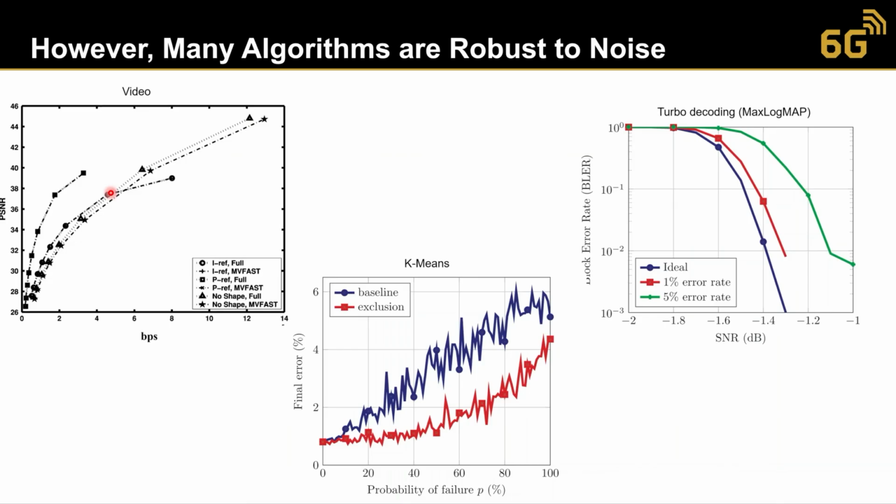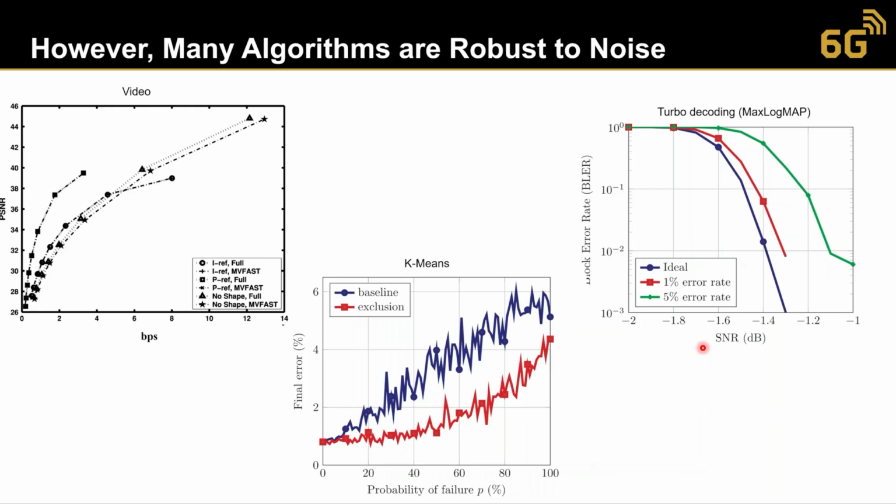But it also applies for machine learning. K-means, if you look at the bottom graph here, you can have errors in the computation before getting incorrect results. And of course, telecom algorithms, which are by design robust to noise, so you see the same behavior there.